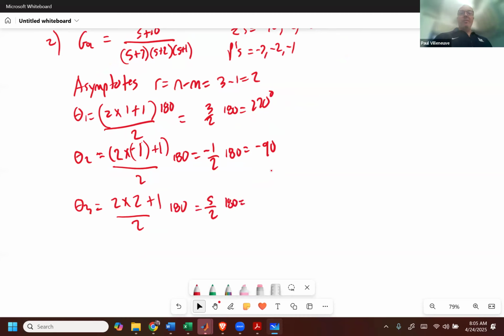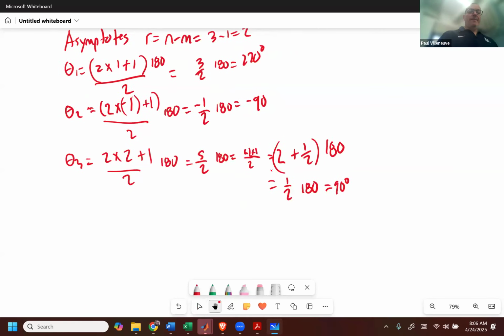So that is equal to 2 plus 1/2, all multiplied by 180 degrees. 2 times 180 is 360, which is just 0, because it resets. So realistically, I can just say that that's 1/2 times 180, which is 90 degrees.